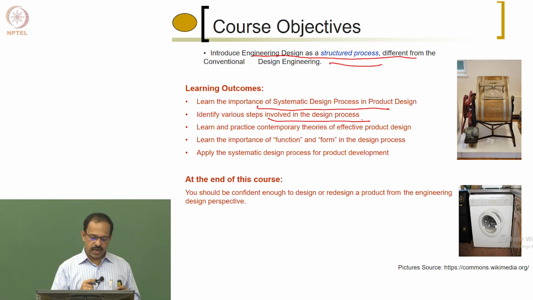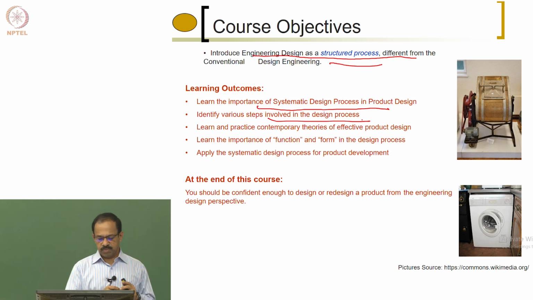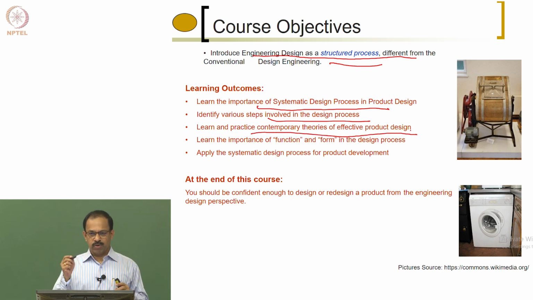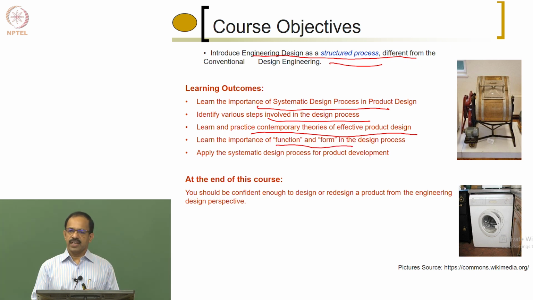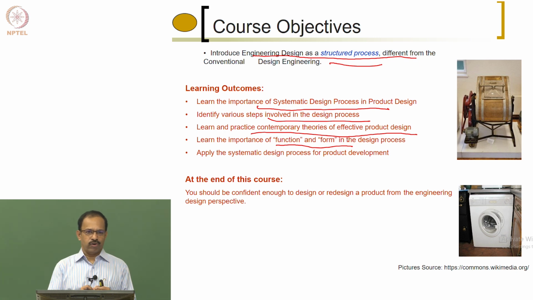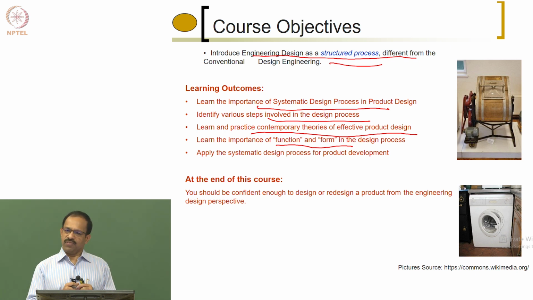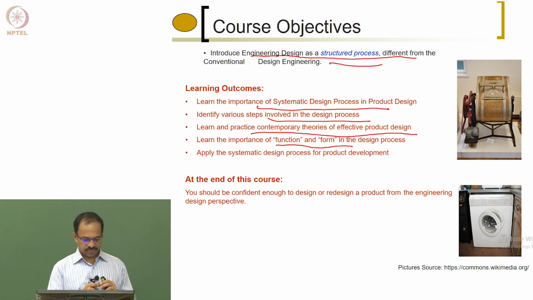So we want to learn what these steps are, and then learn and practice the contemporary theories of effective product design. There are a lot of theories people have proposed. So we look at some of those theories and see how these theories can be used in various steps of the design process. And then, as I told you, learn the importance of function and form in the design process. Function and form becomes the core of this design process.